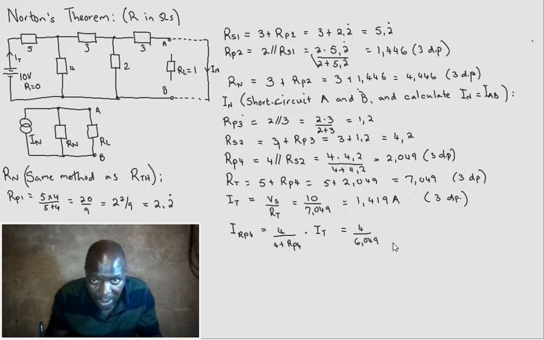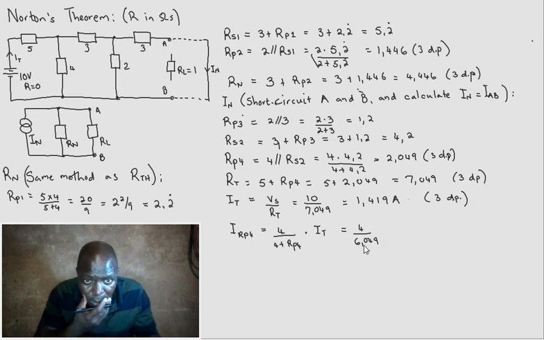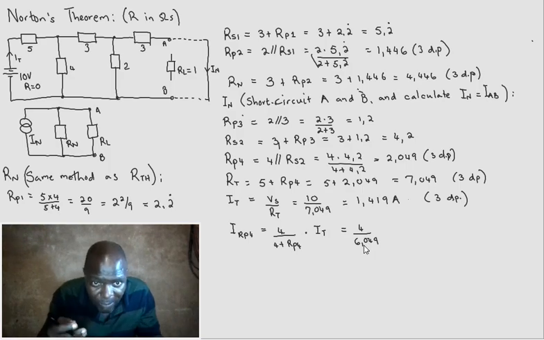Okay, I think that was B or something. Did we? Oh, we messed up, didn't we? No, we didn't. We do have these values. All right. So this is that times an I total of 1.419.